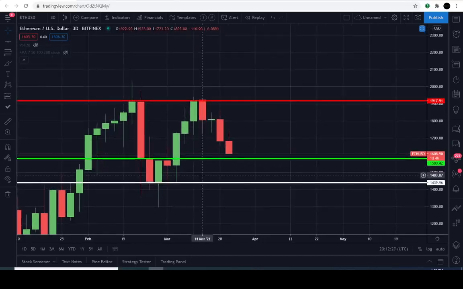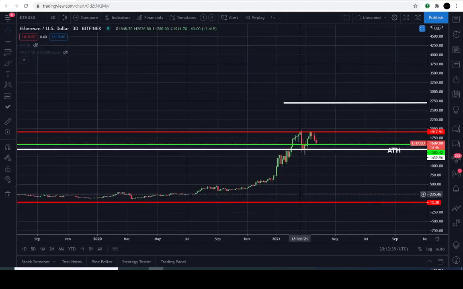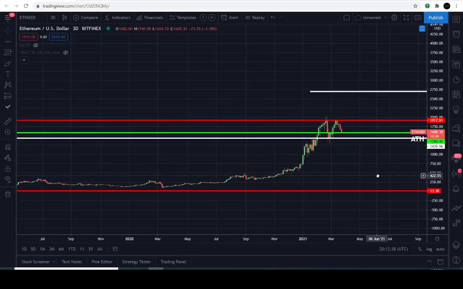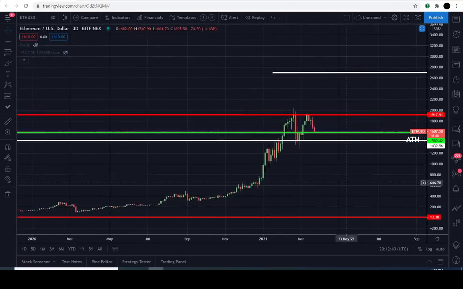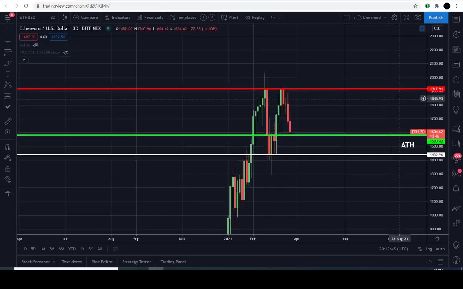So in the worst case scenario, assuming that the buyers have full control of the trajectory, Ethereum is in an overall uptrend. I think it's safe to assume that when something is in an uptrend, whether it's a cryptocurrency or a stock, the trend is your friend until the end, before it starts breaking down below specific levels. The specific levels that we've just gone over are the green line and the white line.